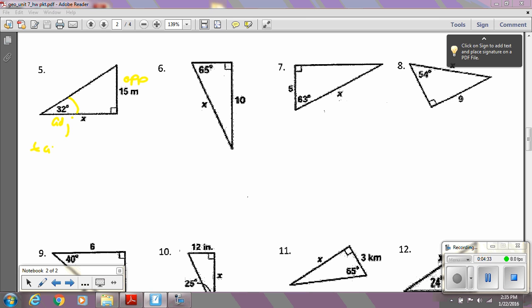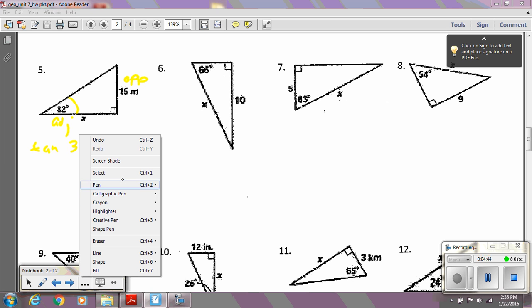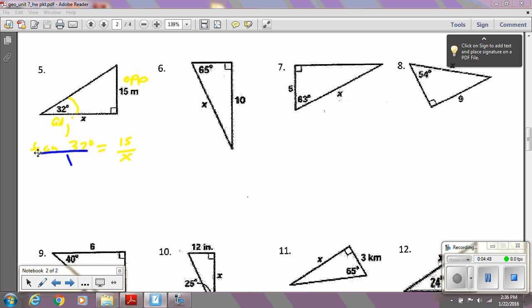So tangent of 32 degrees is equal to opposite 15 over adjacent, which is x. We're going to put it over 1 and cross multiply. So we get 15 is equal to x times tangent 32.